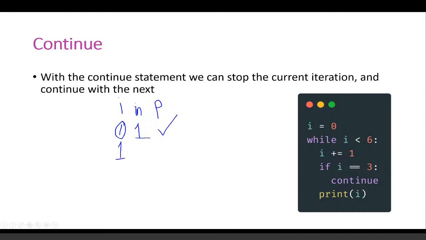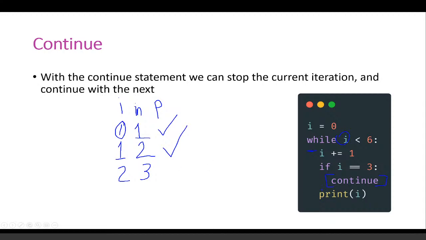Now I is 1. That's going to increment immediately to 2. Here, 2 is not equal to 3. So that's going to cause it to print. 2 is going to be the start of the I value at the third iteration through. 2 is going to increment plus 1 to 3. 3 is equal to 3, which means we're going to hit this continue statement.